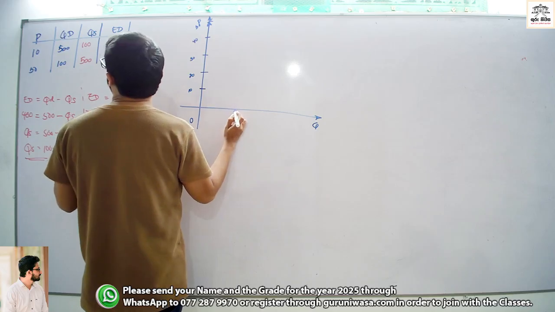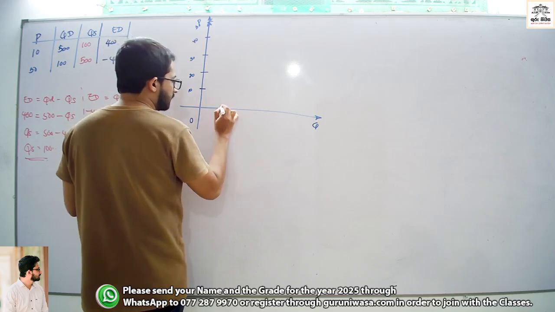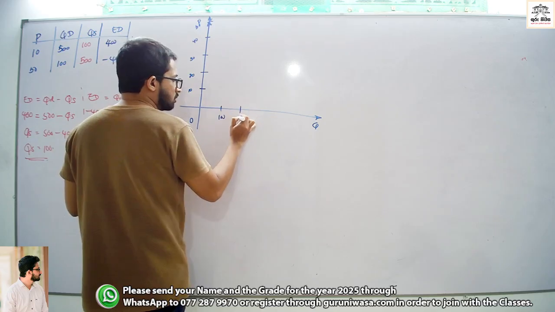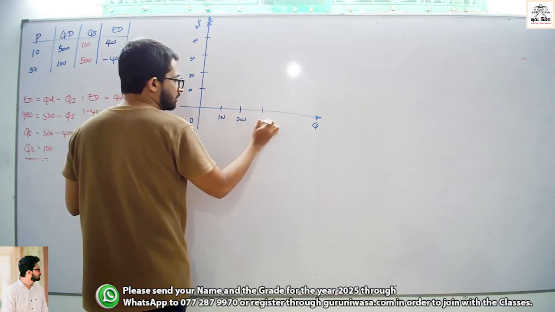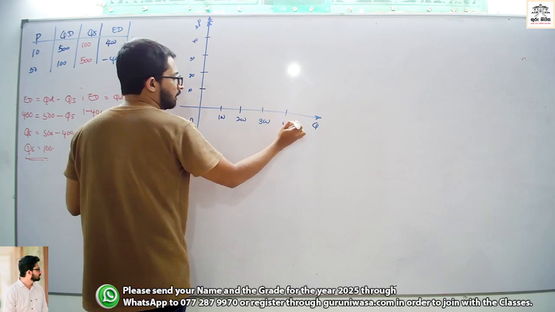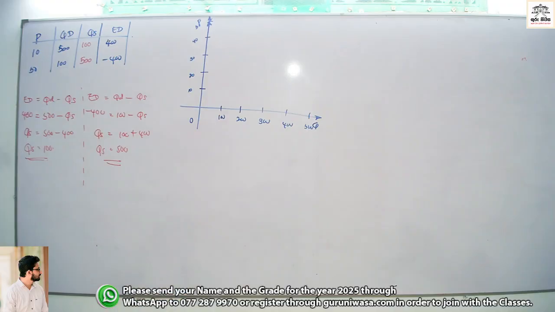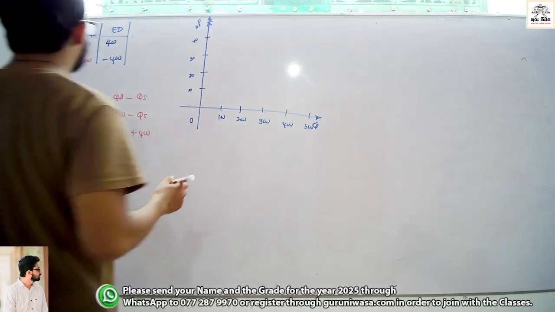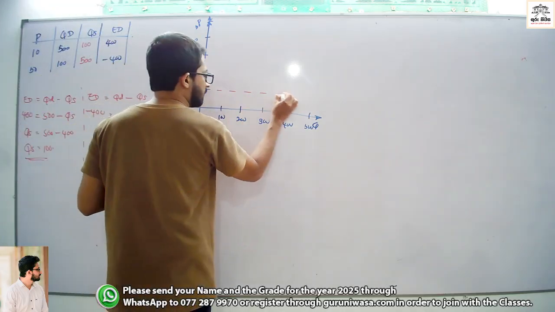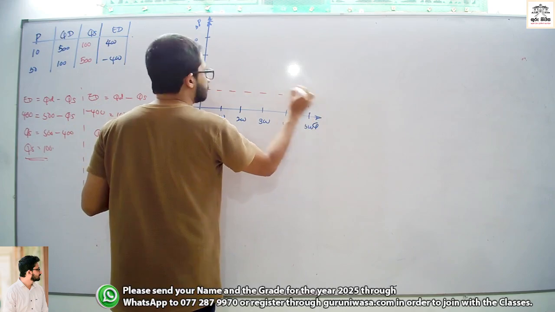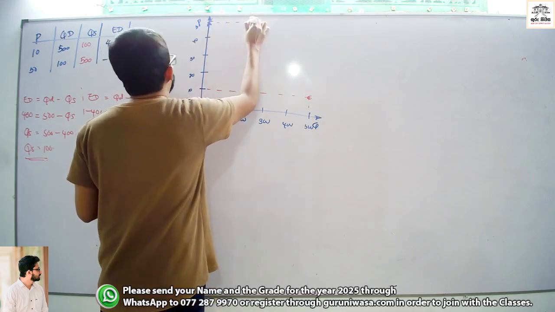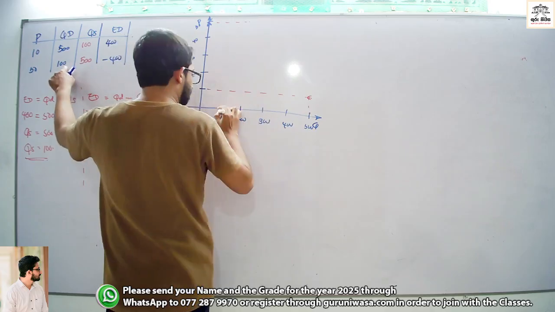Quantity, 100 by 100, it's better: 100, 200, 300, 400, and 500. You are given only two points. At price 10, demand is 500 units. At price 50, my demand is 100.